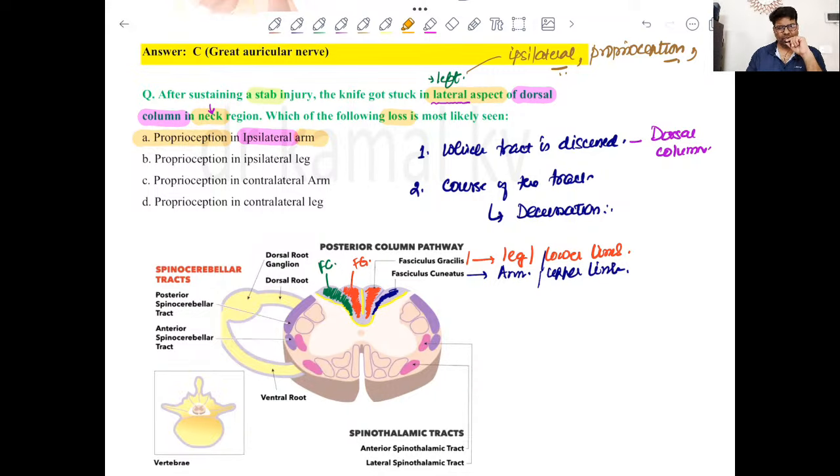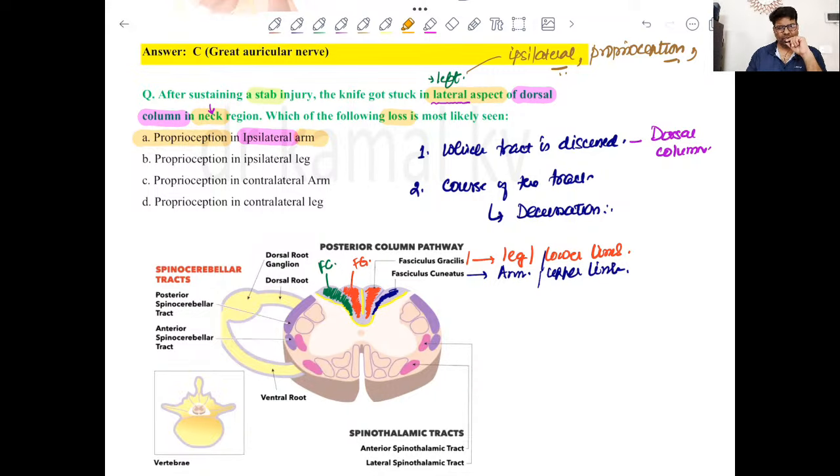You have got a very classical history. Elderly patient, alcoholic, there is history of fall, and then the CT scan. Very good, Varun. This is a classical presentation for subdural hemorrhage, right? And we know that in subdural hemorrhage, the source of bleeding is the bridging or emissary veins, right?